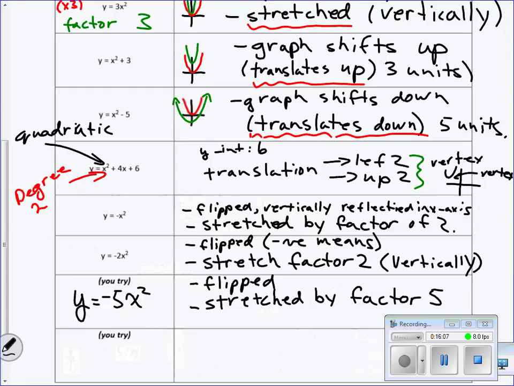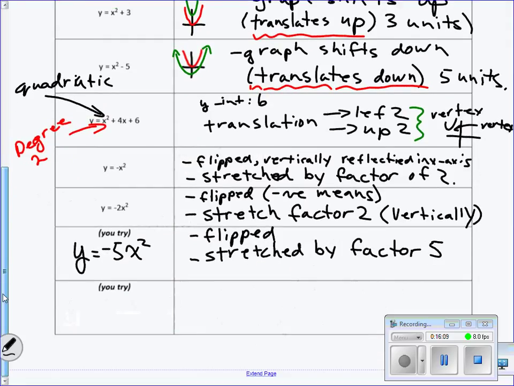Now, our next problem I'm going to give you is y is equal to -0.5x squared plus 6. So if we wanted to describe all the stuff that happens, the negative means that it's opening down or flipped. And then we want to say that the 0.5 is between 0 and 1, so this is going to be compressed.